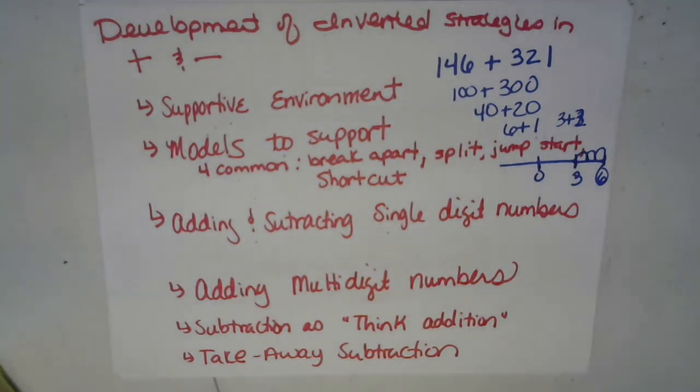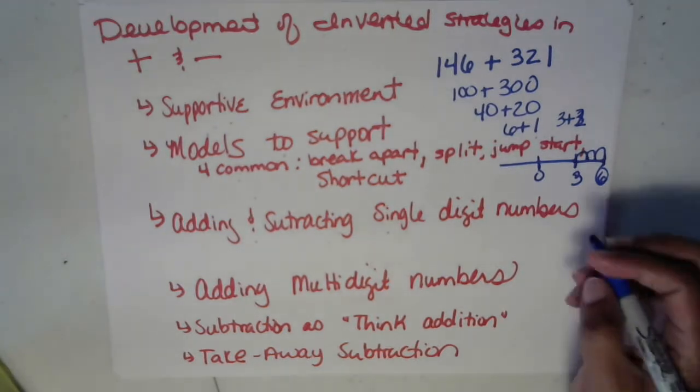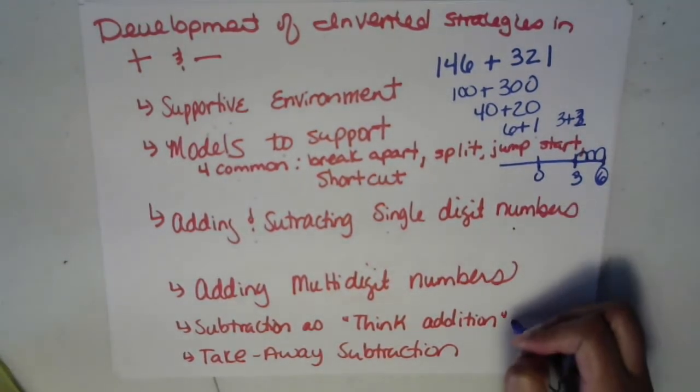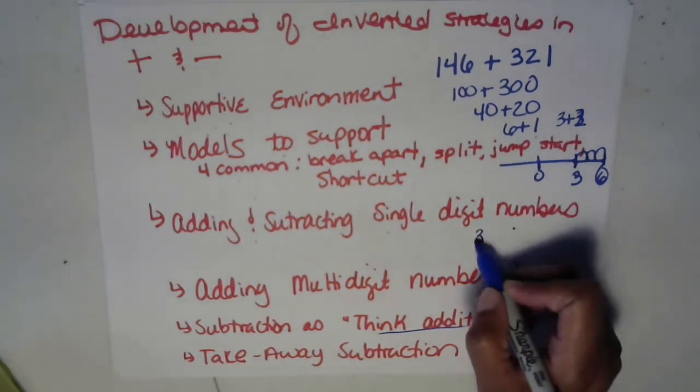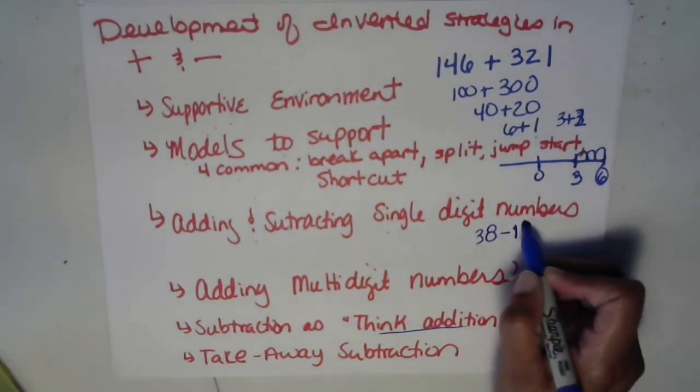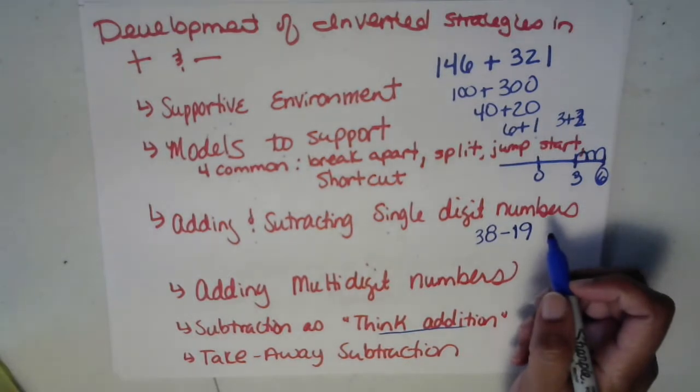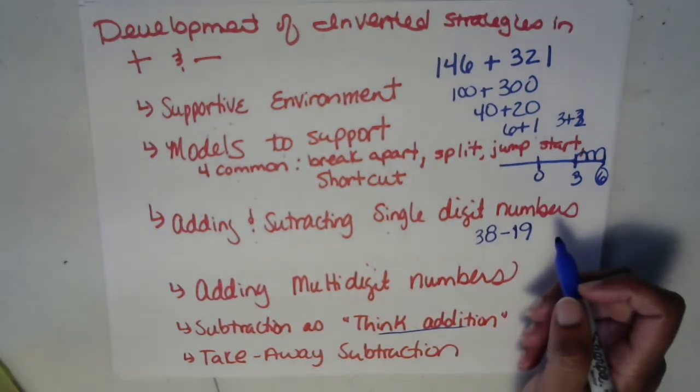So let's come over here. This is an interesting setup I've got here. All right. 38. So we're doing think addition. 38 minus 19. The idea is to think, how much do I add to 19 to get 38?